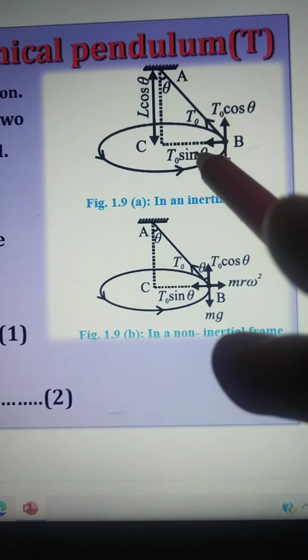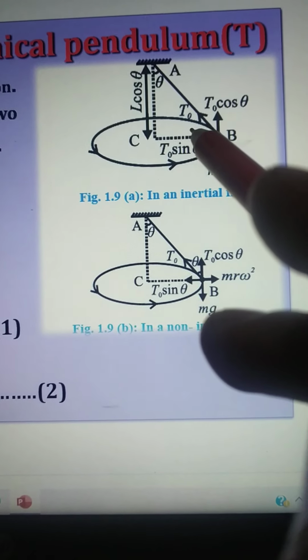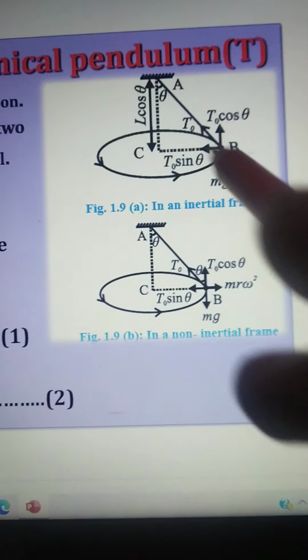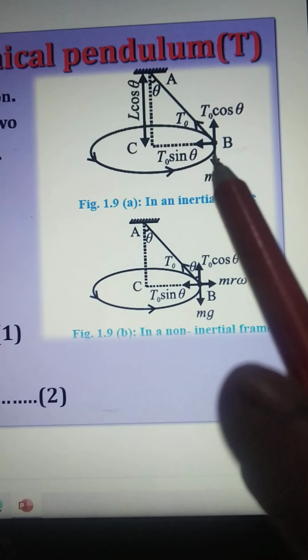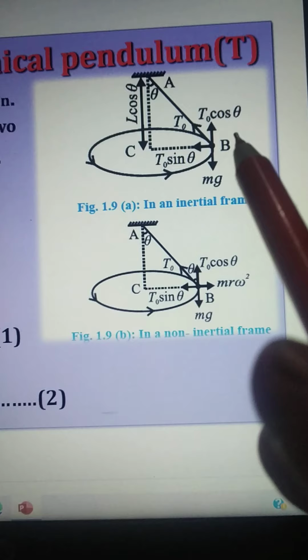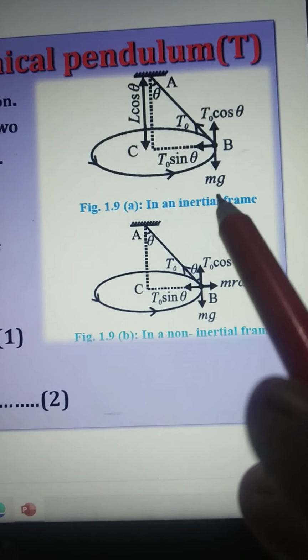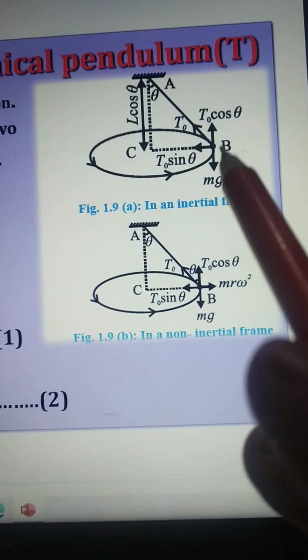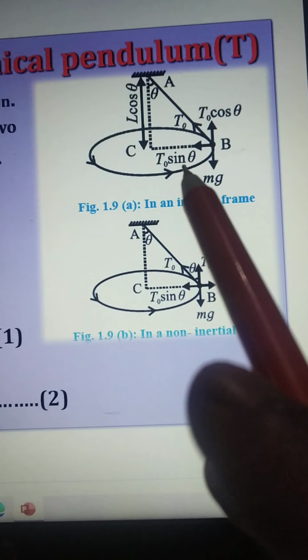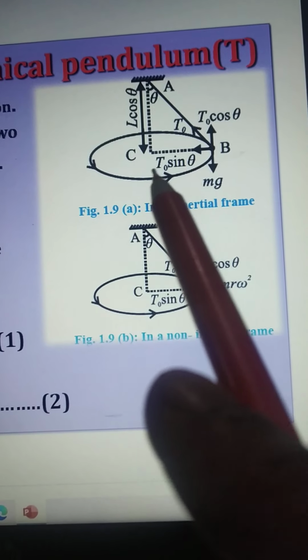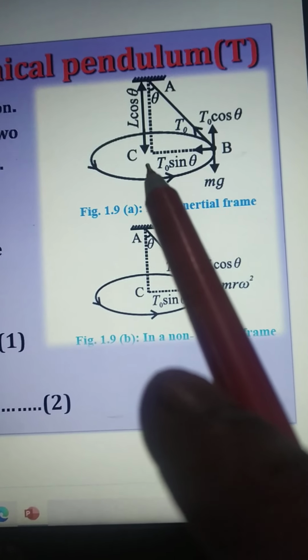Of the horizontal and vertical components, the vertical component T0 cos theta balances mg, and the horizontal component T0 sin theta provides the necessary centripetal force.